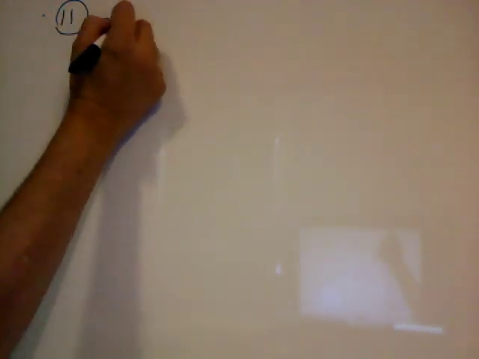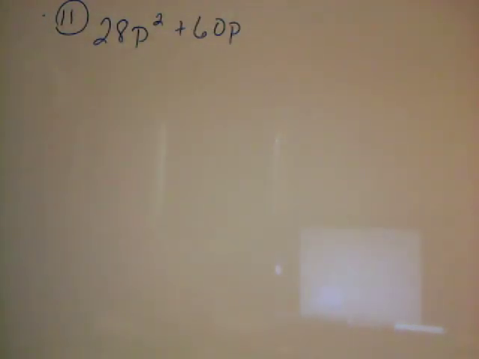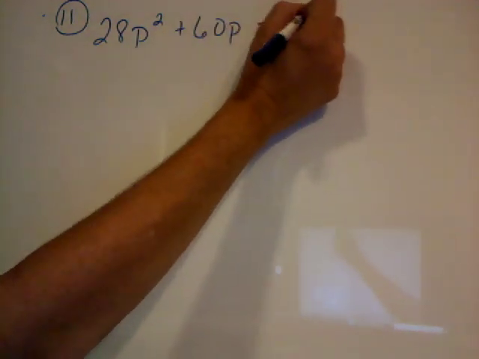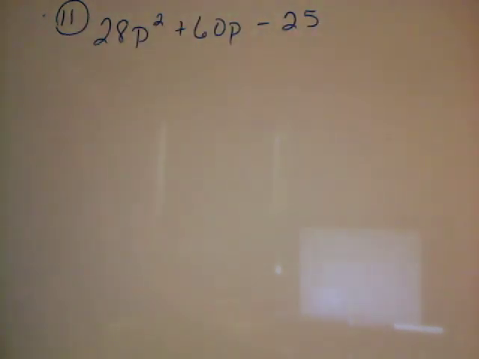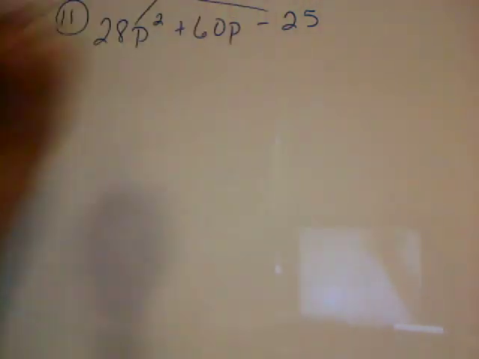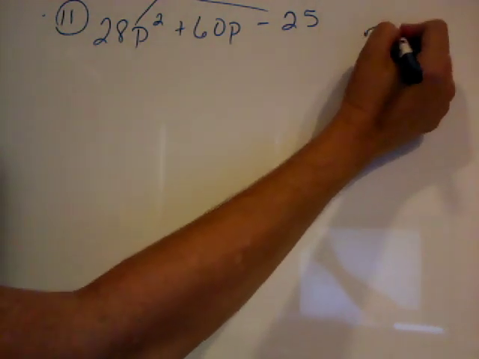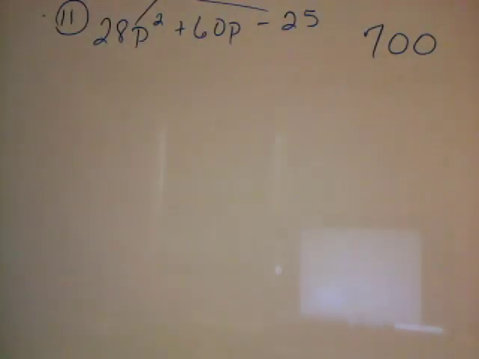Okay, number 11. Number 11 says 28p squared plus 60p minus 25. So we know that we need to multiply 28 times 25, which is going to give us a rather large number, 700.